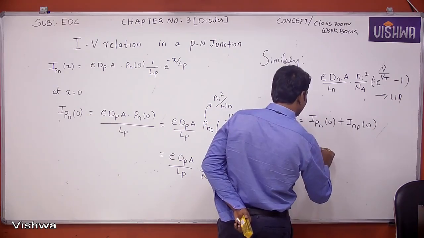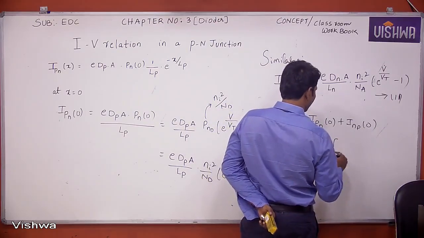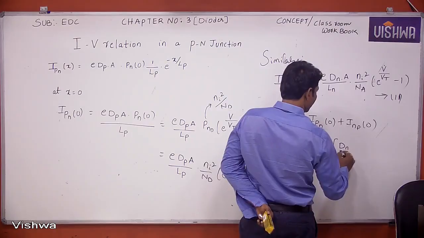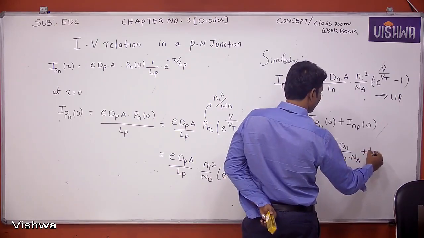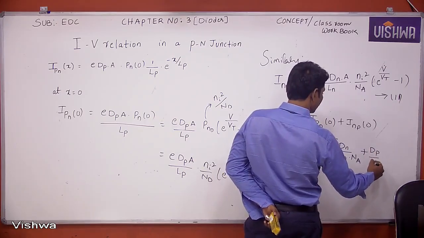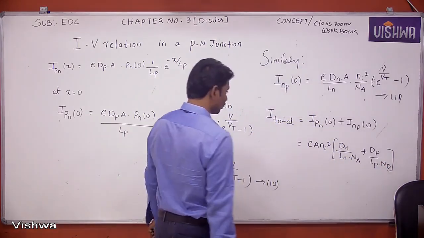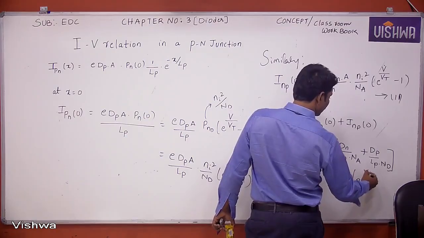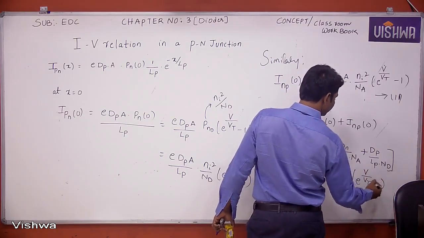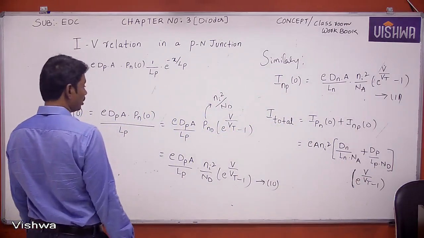You know, simply this is E into A into Ni square into Dn by Ln into Na and Dp by Lp into Nd, into e power V by Vt minus 1, right? Yeah, copy.